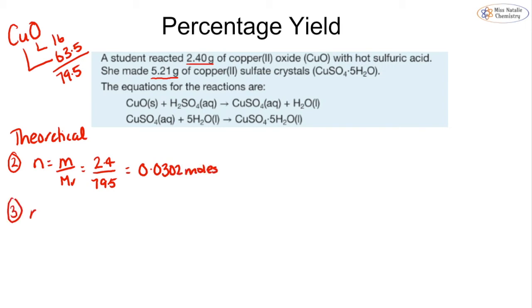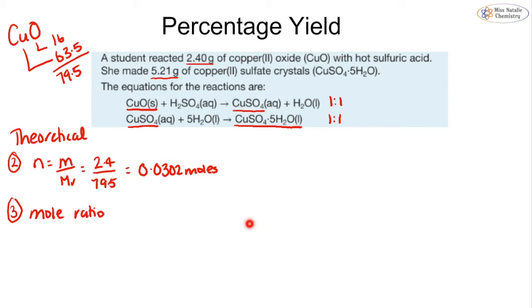The third step looks at our mole ratio. Now we are using the copper oxide, but we are making these hydrated crystals. So we need to look at the ratio over the two equations. Between the copper oxide and the copper sulfate in the first equation, it's a 1-to-1 ratio. Then between the copper sulfate and the hydrated copper sulfate in the second equation, again, it's a 1-to-1 ratio.